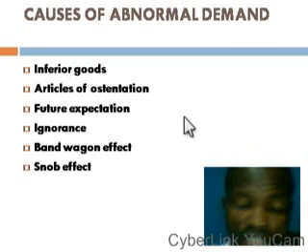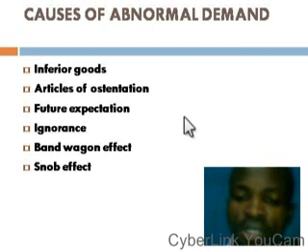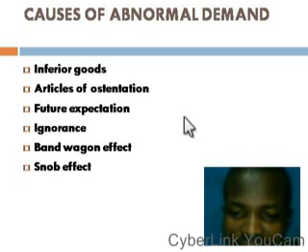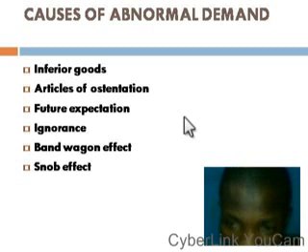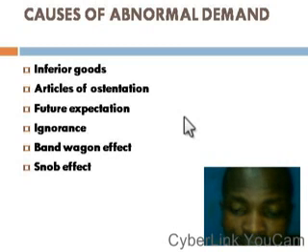The next one is future expectation. The demand for a commodity tends to increase even as the price of that commodity increases, if there is the expectation that the price will increase further in the nearest future. So this situation also usually brings about an abnormal demand situation.